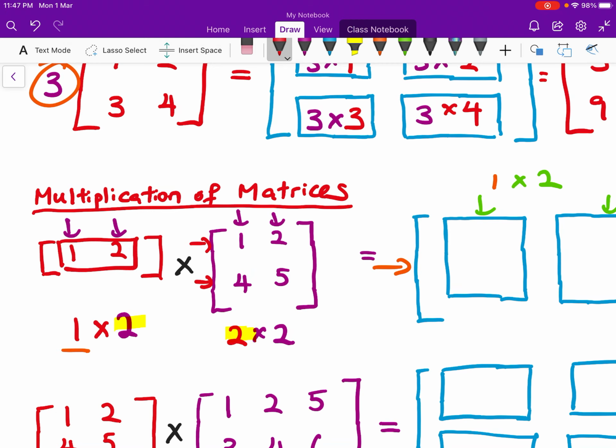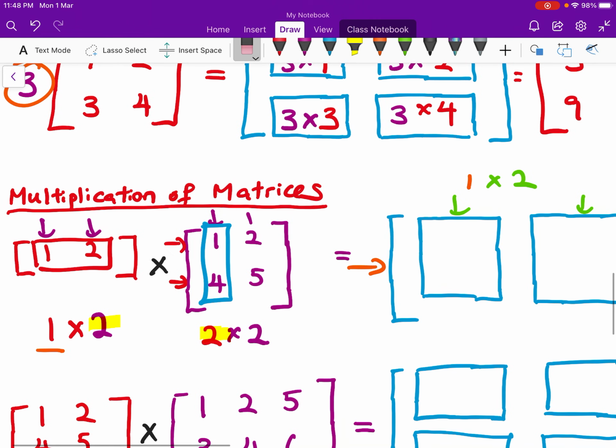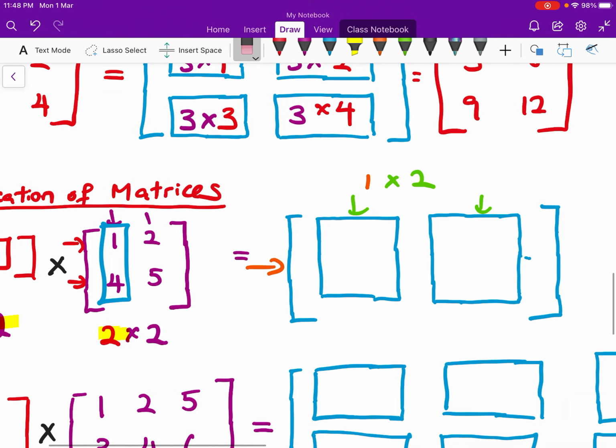For the second matrix, I'm interested in the row. There are a first row and a second row, so let us focus on the first row first. For my resulting matrix 1 by 2, how do I fill in the numbers of my answer?